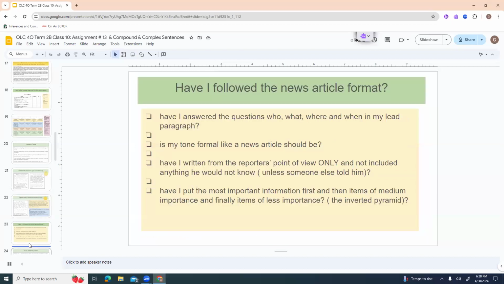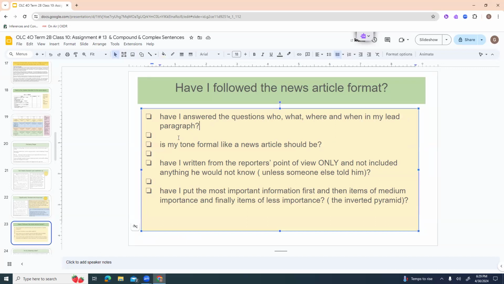Have I followed the news article format? Okay. Have you answered the questions who, what, where, and when? Usually, why or how might also be answered, or it might be the next one. Why or how might be in the lead, or might be in the second paragraph.